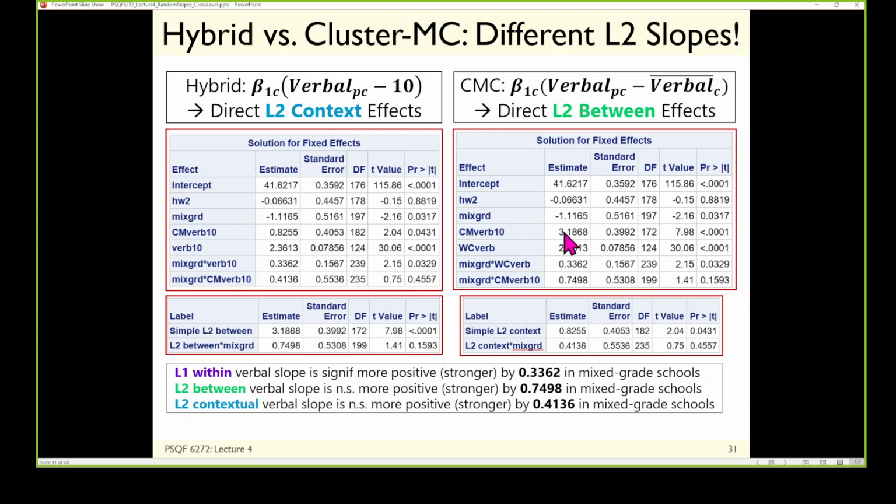Exactly right. 3 is 0.8 plus 2.4 here. So on the right, this is the between slope, which is within plus contextual. So CM verbal 10 on the right is not controlling for individual verbal ability. CM10 on the left is controlling for individual verbal ability because that's still part of the level 1 predictor that is being partialed against.